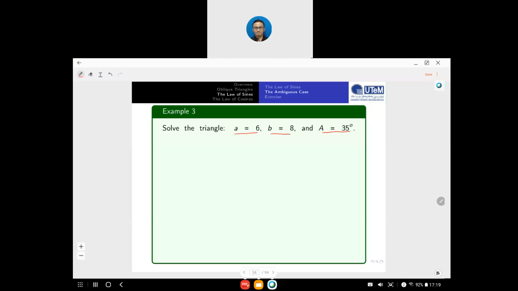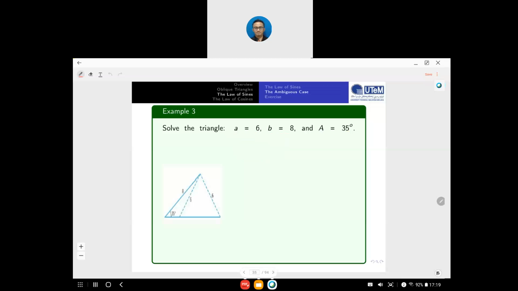So for this case, you know two sides and one angle, which means you have side-side-angle. When you have side-side-angle, you first need to identify how many triangles are involved in this situation. So you need to calculate by using the law of sine.